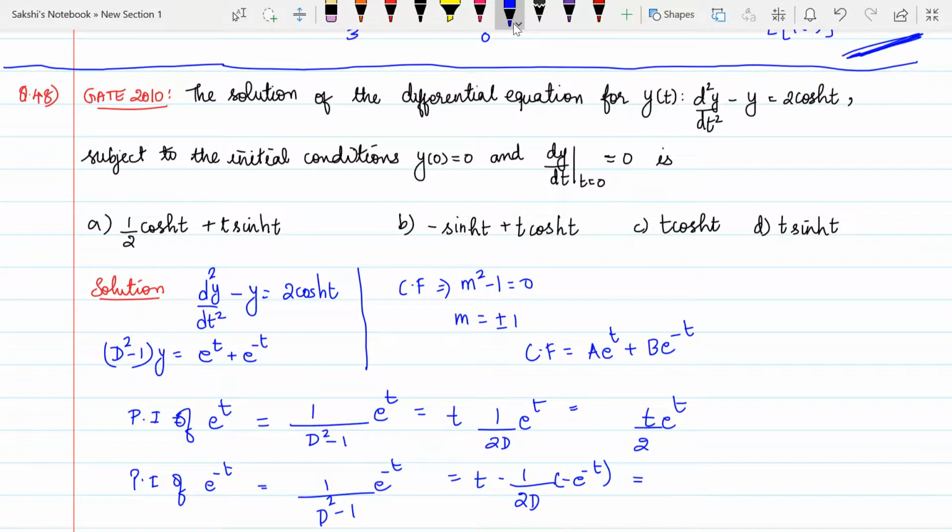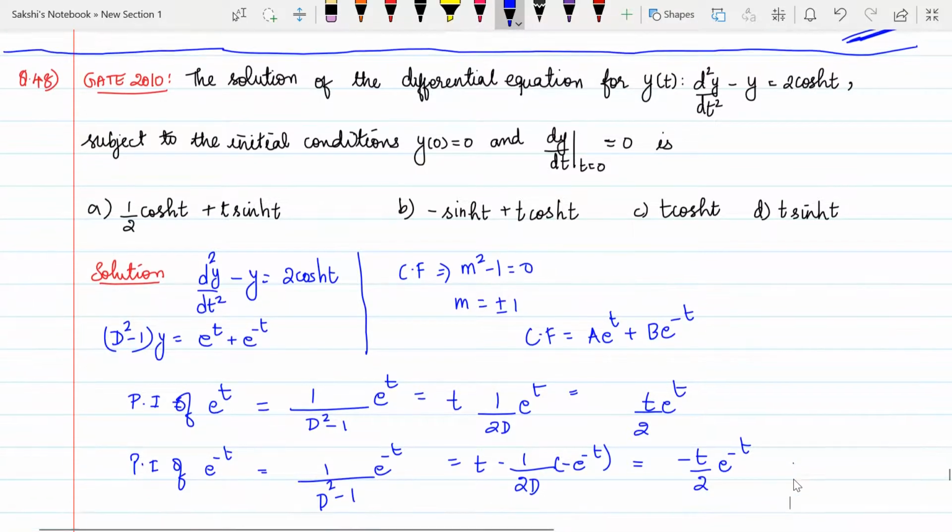So 1 divided by 2d is equal to 1 minus e power minus t, which will be minus t by 2 e power minus t. So this is my particular integral for e power t and e power minus t.